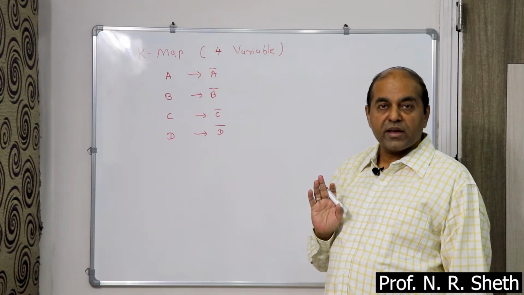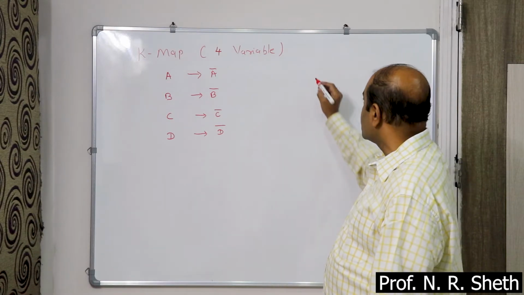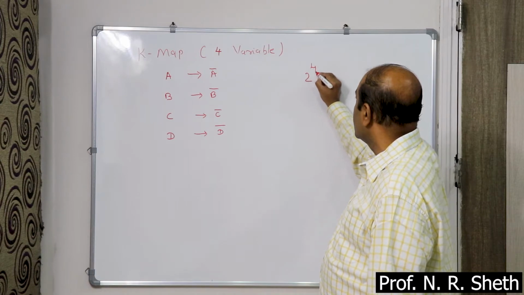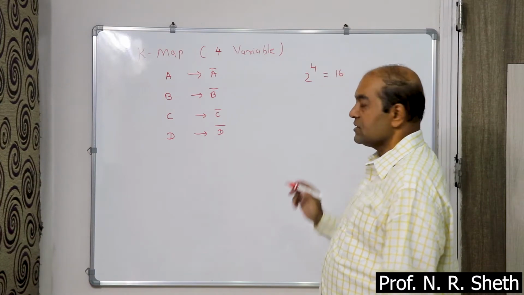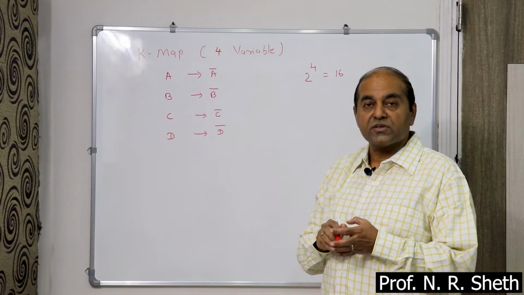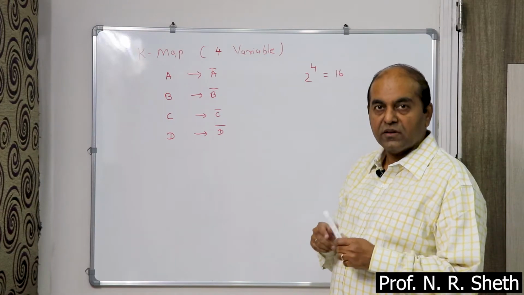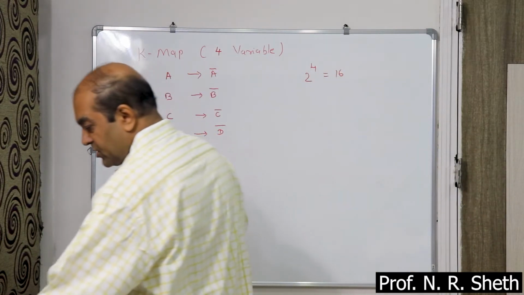So total how many cases? Yes, 2 raised to 4, that is 16 cases. So your truth table is with 16 cases. Okay, so let's draw the truth table.